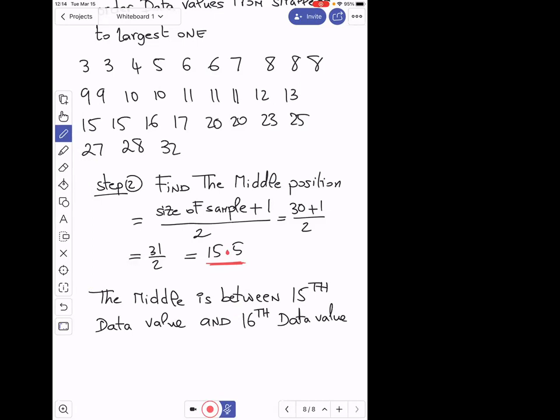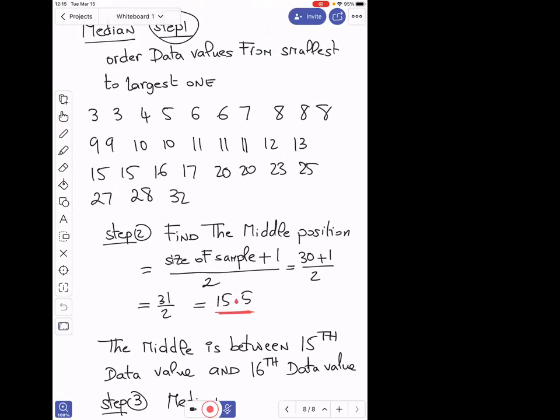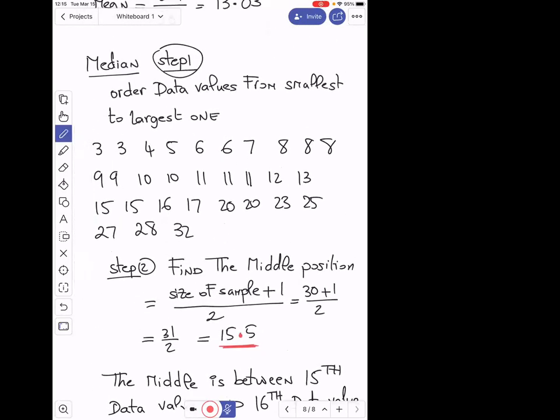All right. So now in step 3, we can find our median. You need to take the average of the 15th data value and the 16th data value. So we need to count. This 3 is my first number. The second 3 is my second number.